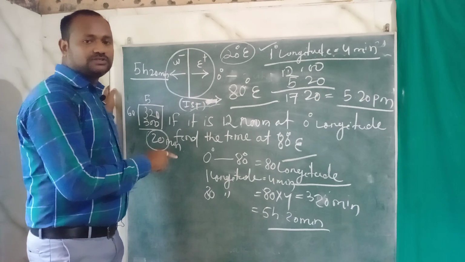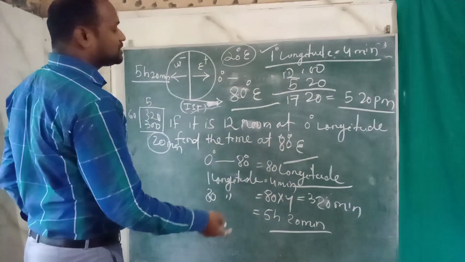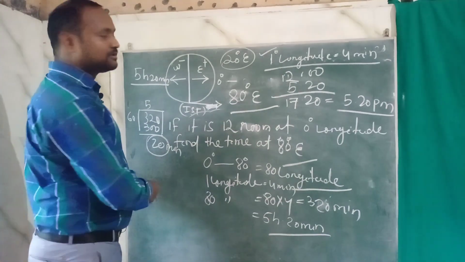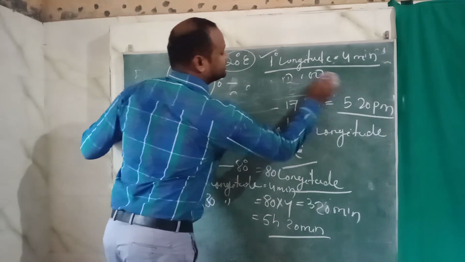So student, are you able to understand how to calculate the time? Let's discuss how to calculate in west. Let me give you another example so that you can easily understand it.